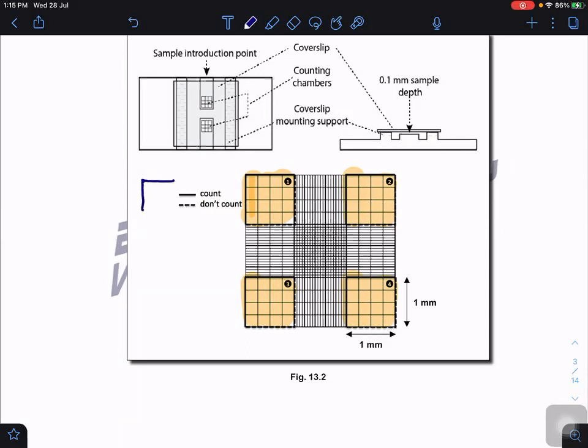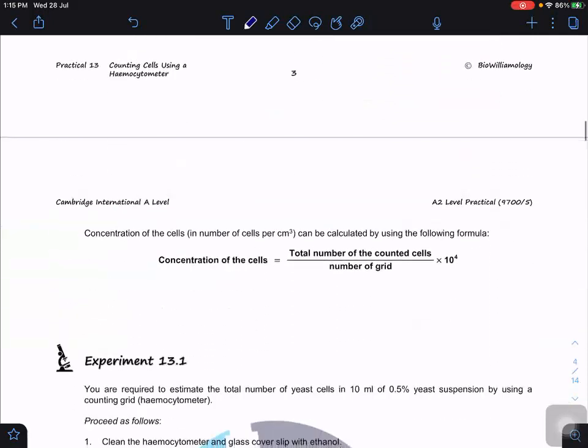The units here are 1 mm by 1 mm with a thickness of 0.1 mm, the depth of the sample loading well. So we use these 4, that's why it's n divided by 4.